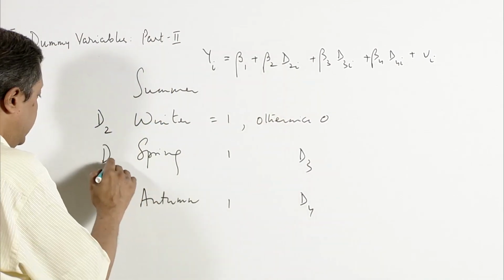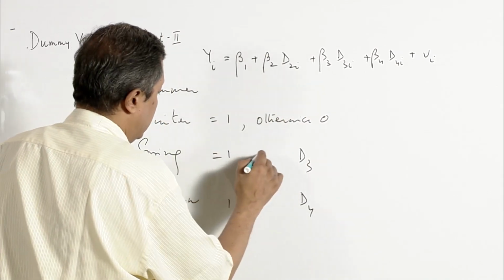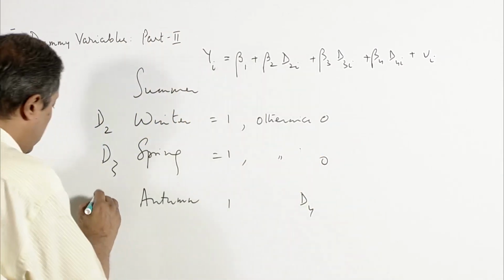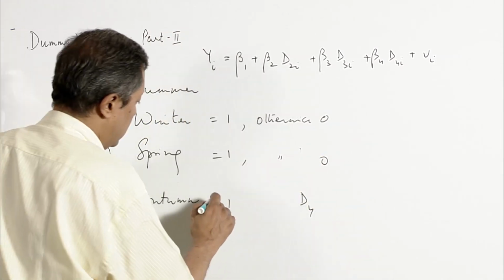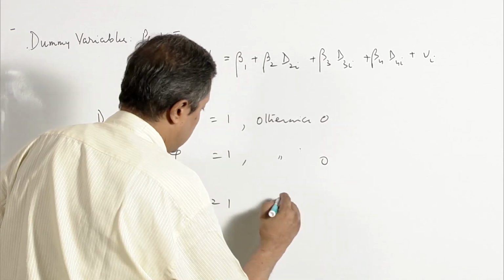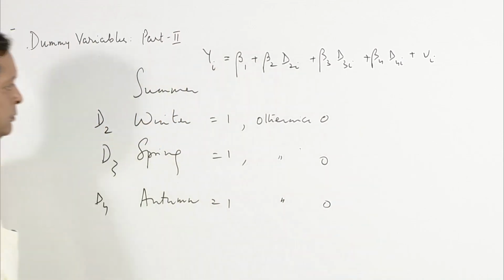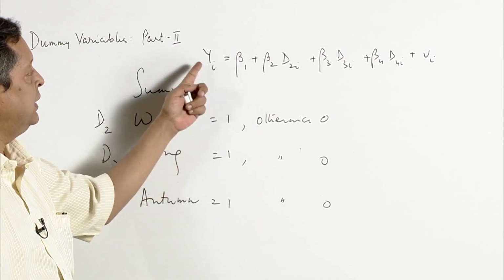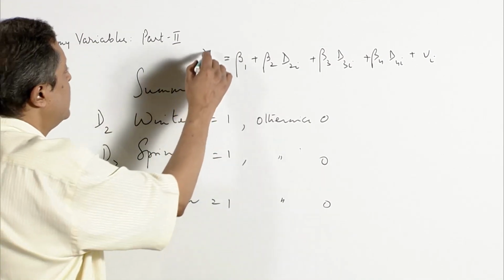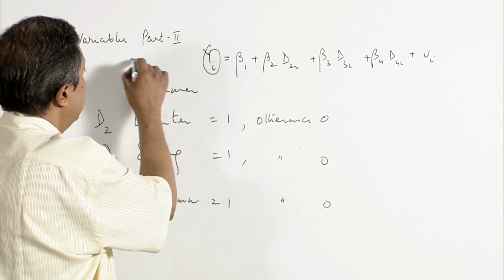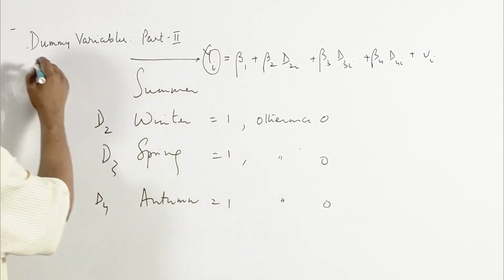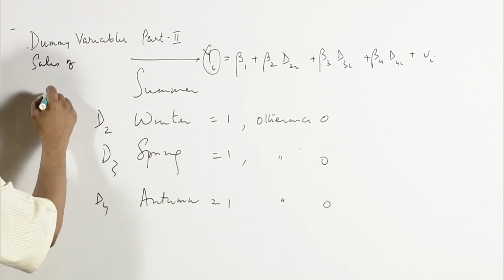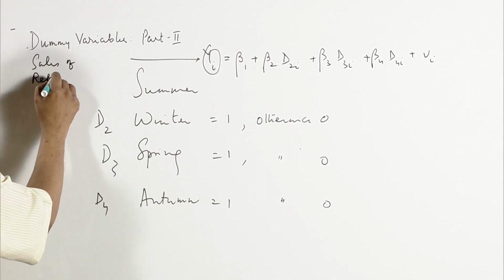Similarly, D3 is spring, equal to 1, otherwise 0. D4 is autumn, equal to 1, otherwise 0. So, what does beta 1 tell us? It tells us the effect. Say y is sales, could be sales of refrigerators.